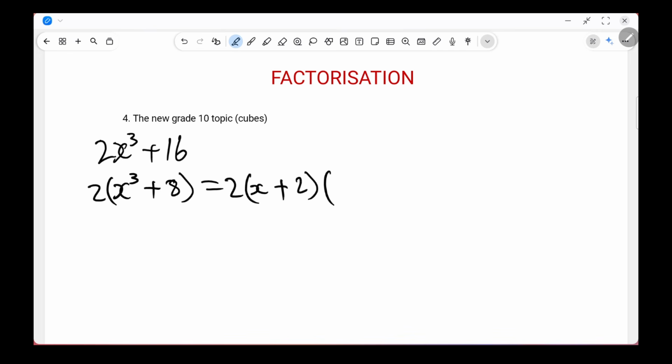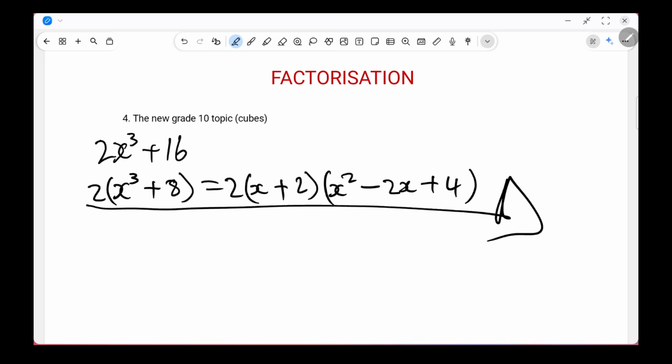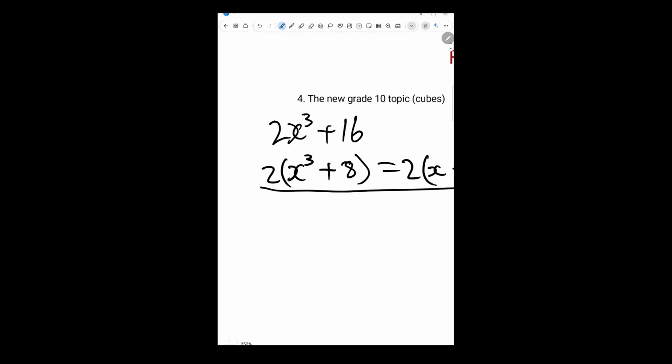Open the big bracket, x squared, opposite sign of the original equation, and then x multiplied by 2 is 2x, always positive sign, and then the square of 2 is 4. Then it's our final answer.